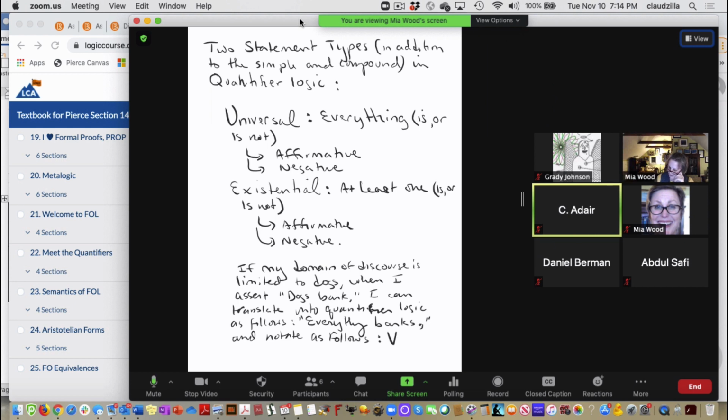It's an upside down A followed immediately by a variable, and then the bark group or class of things that bark, and then the variable x.